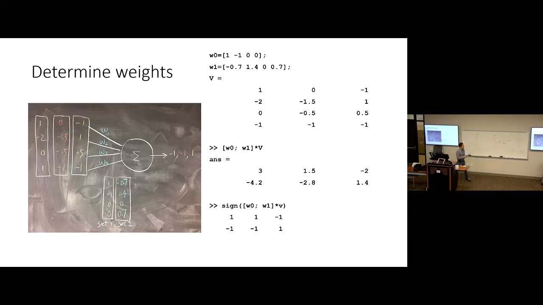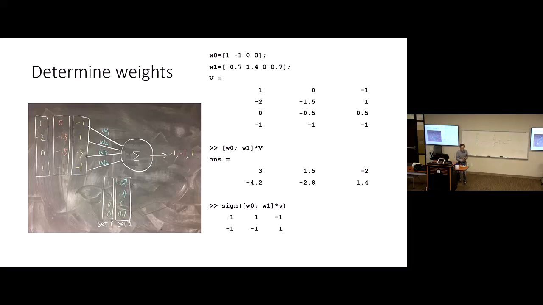If I change to the second set of parameters, -0.7, 1.4, 27, and do the dot product, in MATLAB if you do it, then you get the correct answer. So this is just one input.